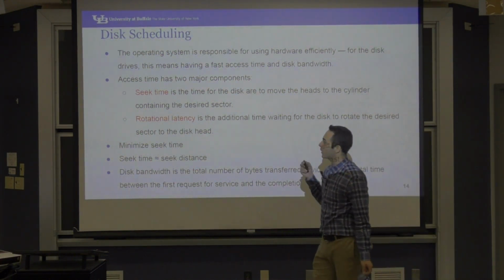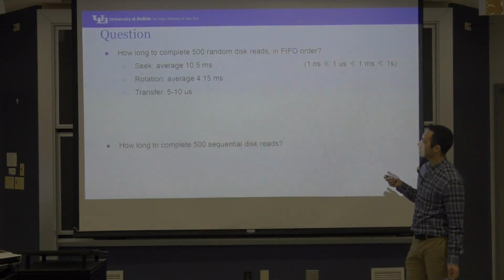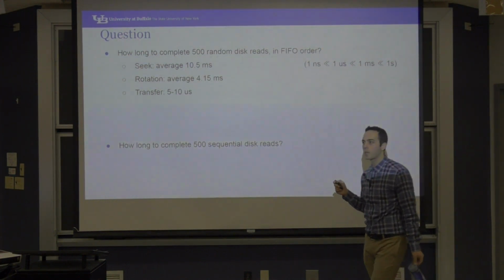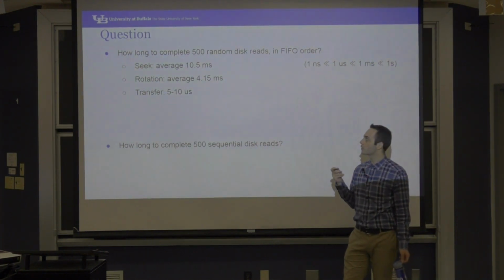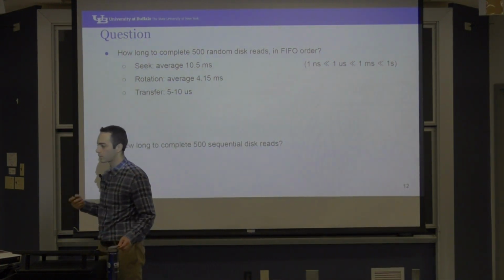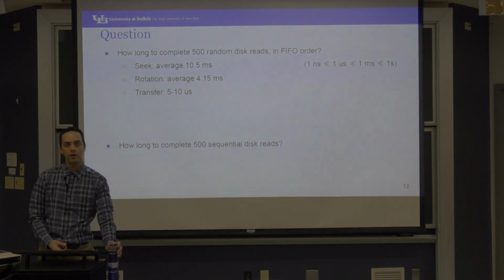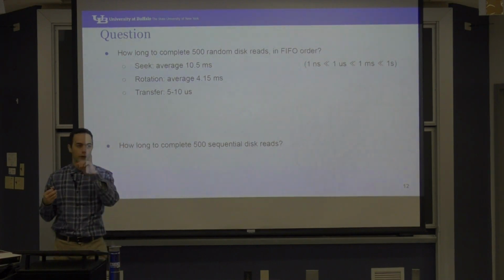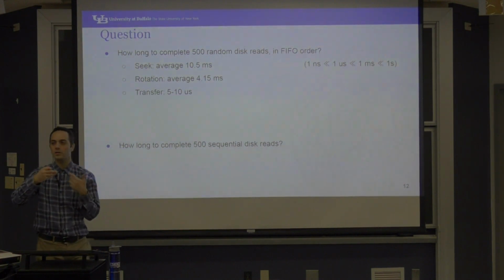The rotational latency, by the way, is usually smaller than seek time, because the disk is already spinning pretty fast, but the seek time, moving the arm, can take a longer time. And the rotational latency is an average number, and at any given point, it might be difficult to predict at which angle it is.